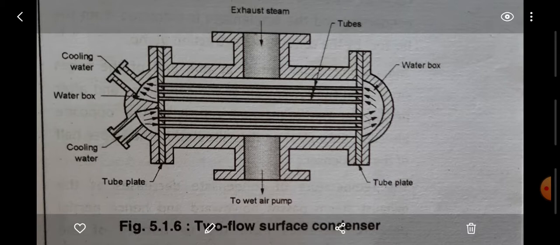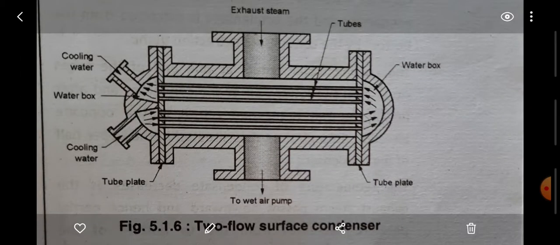The evaporative surface condenser is one in which exhaust steam passes through a series of tubes and water is allowed to flow in the form of thin film outside the tubes while air passes upward outside the tubes. After that, we will see construction and working of the surface condenser.